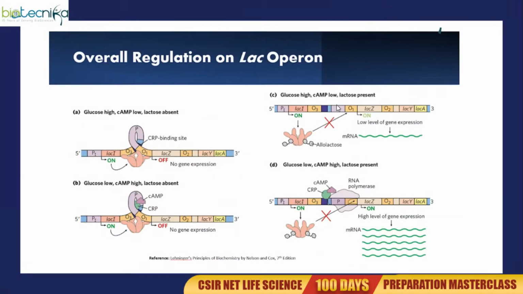Apart from that, you can go for diagrams, like for example, lac operon, where the gene expression is higher, where the gene expression is lower, and in which case the gene expression you are not able to visualize. Just by looking into the image, you are able to identify what is the difference. So that's why I had mentioned diagrammatic representation also helps when it comes to unit 3.